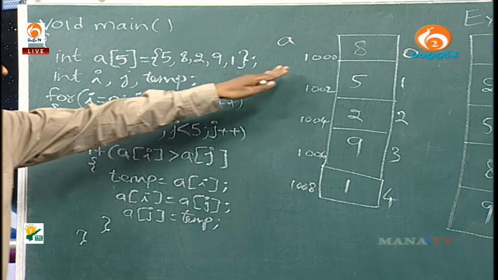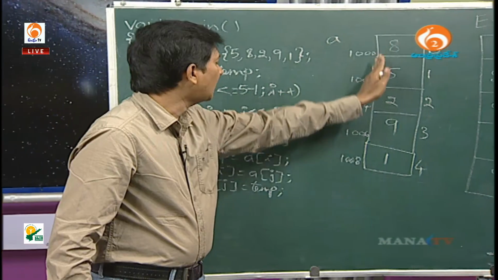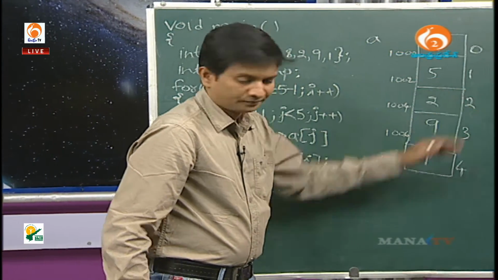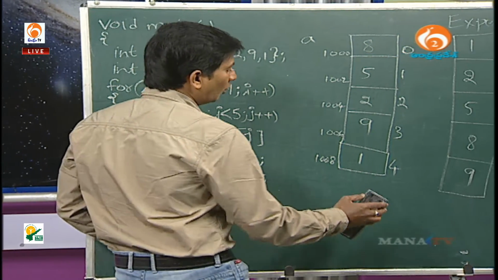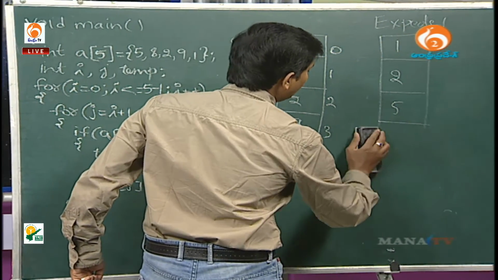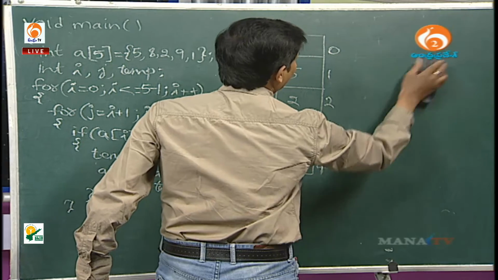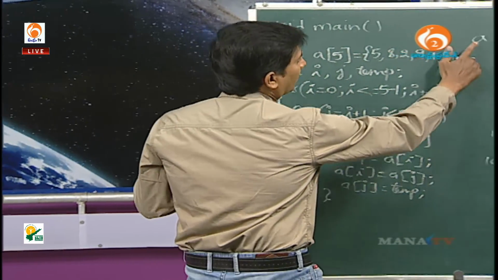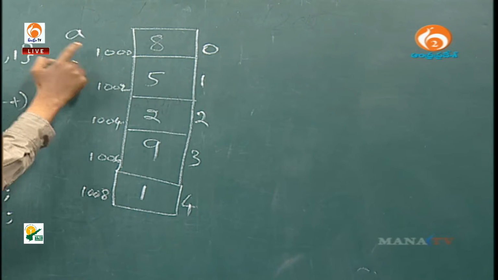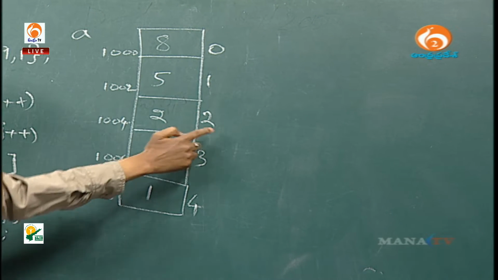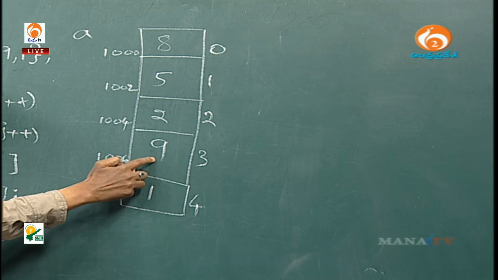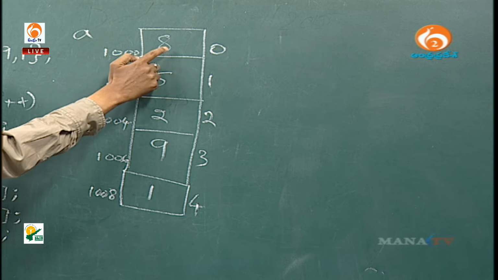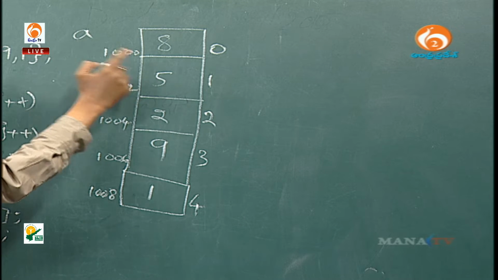8, 5, 2, 9, 1. These are what we have initialized the array with. I am removing the expected output array. This is a[0], that is 8, a[1] is 5, a[2] is 2, a[3] is 9, a[4] is 1.